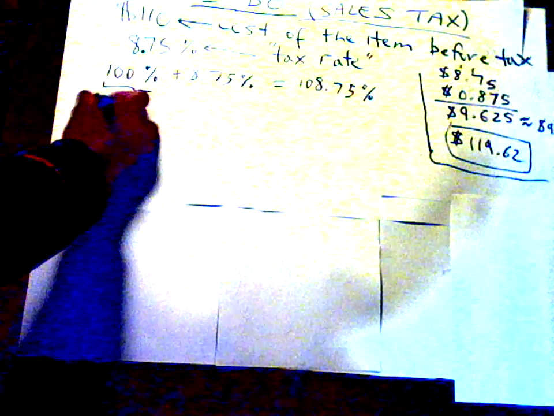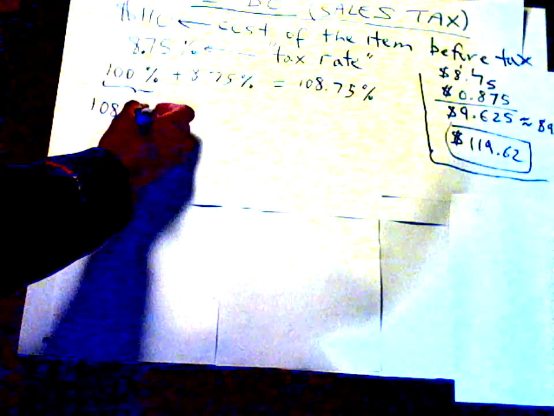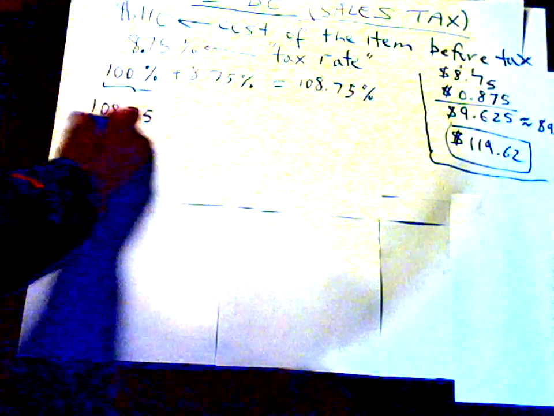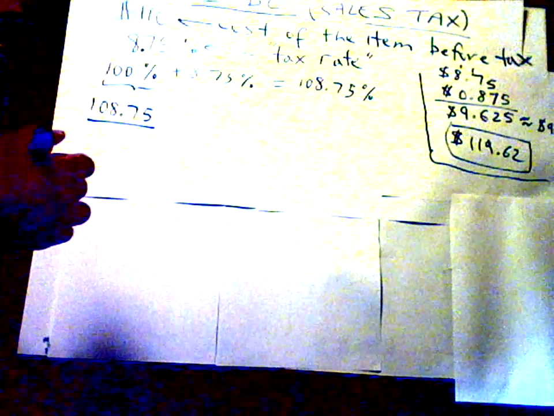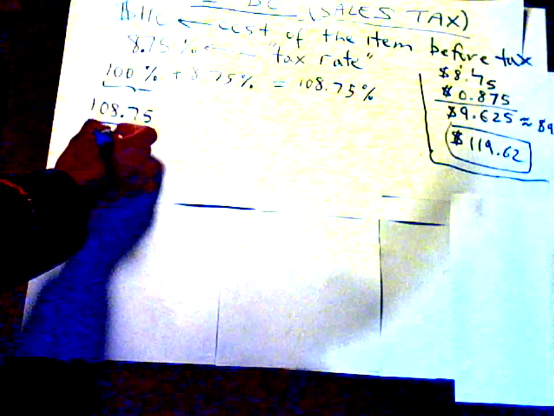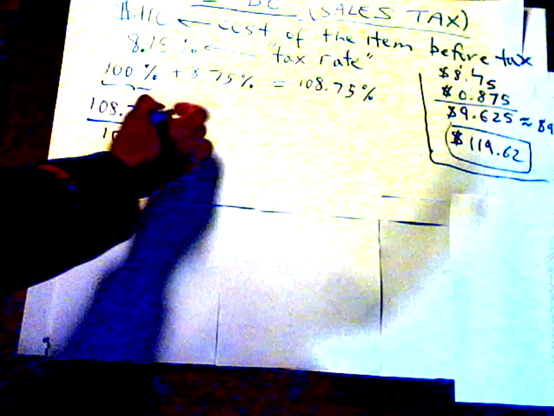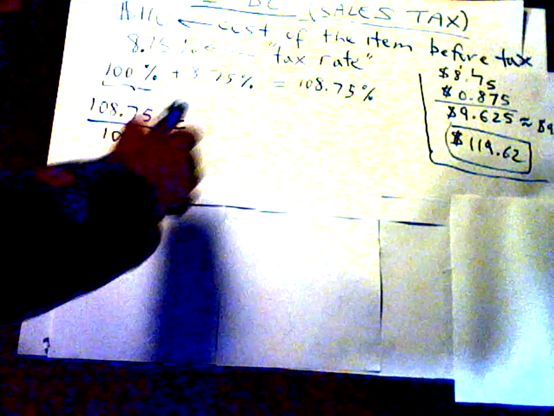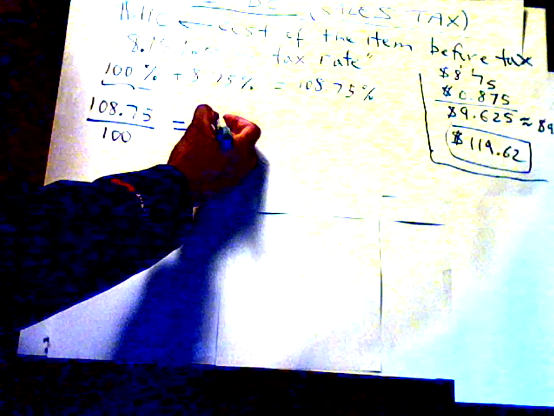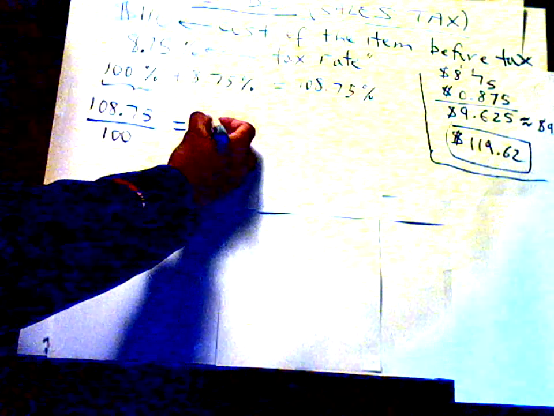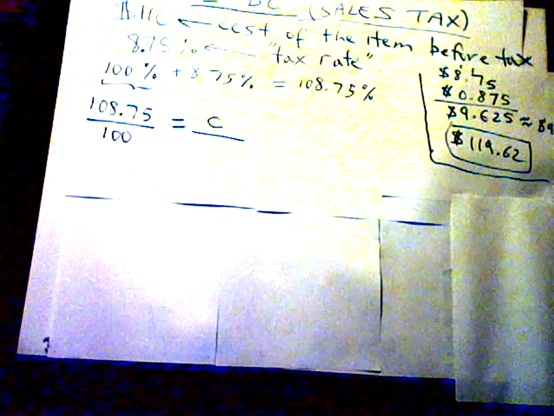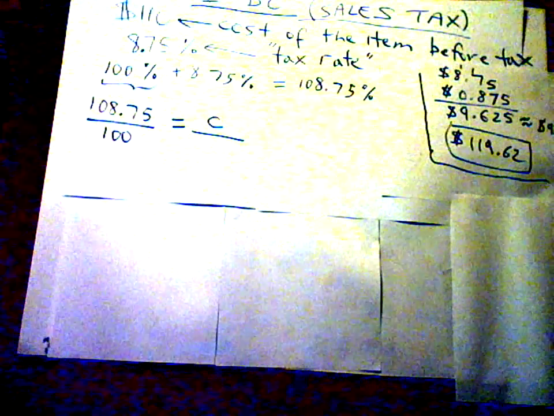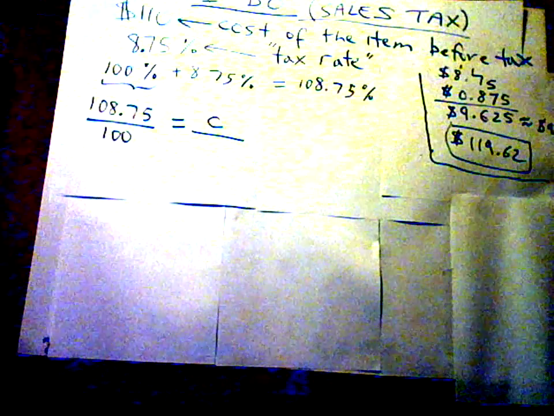So 108.75, because you're paying more than 100%. All right. Over 100%, over 100 is equal to the cost of the item after taxes.